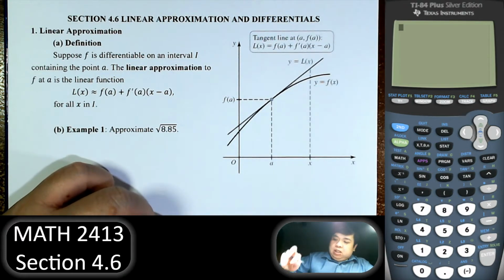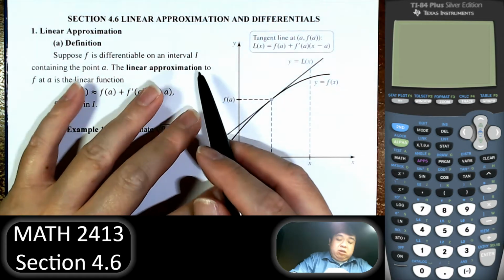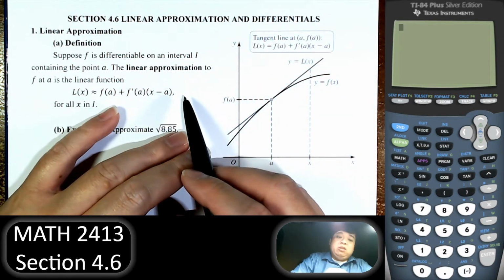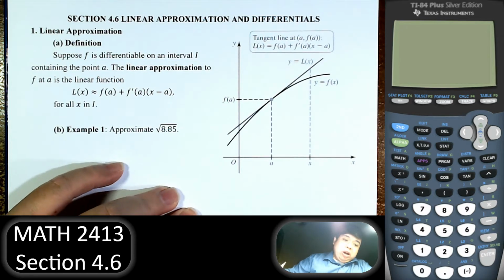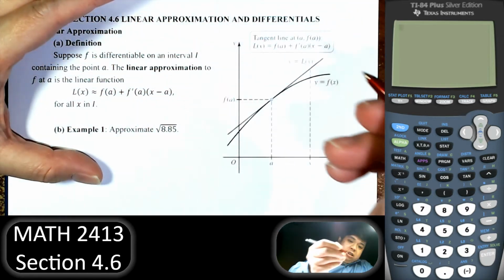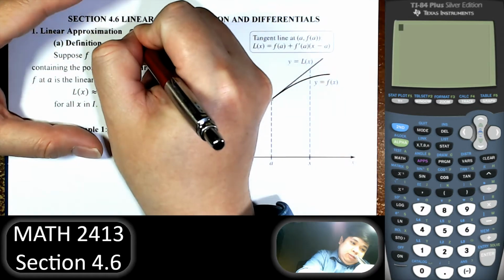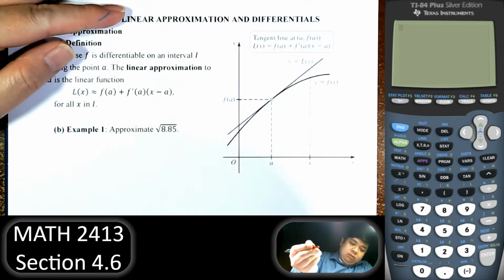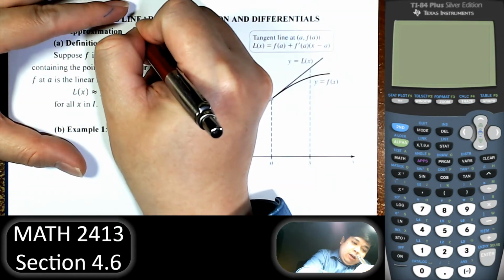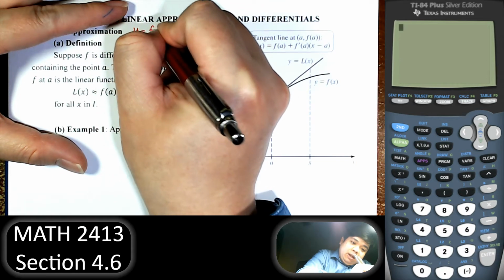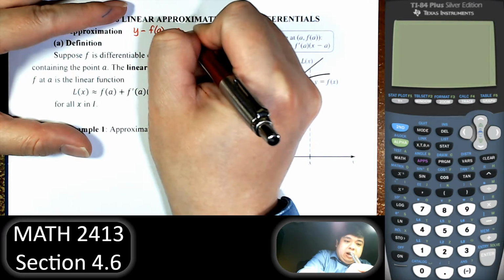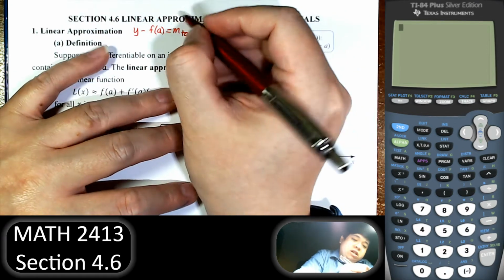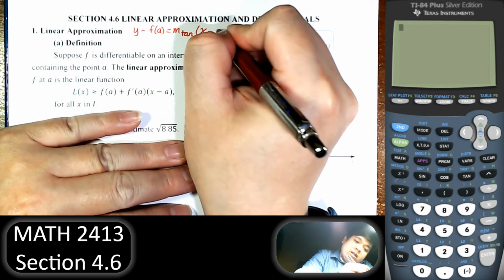So in this section, we learned about linear approximation, and this is exactly just like the equation of a tangent line. So we call the equation of a tangent line, I will write in this form. y minus f of a equal to the derivative, or the slope of the tangent line, times x minus a.